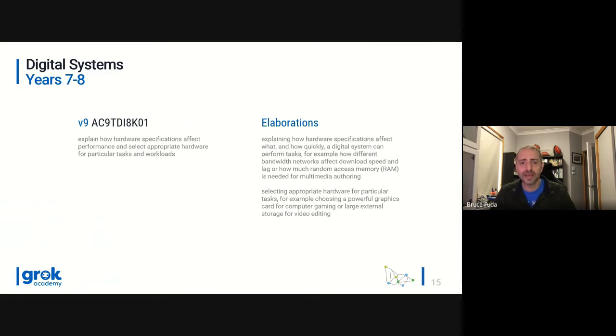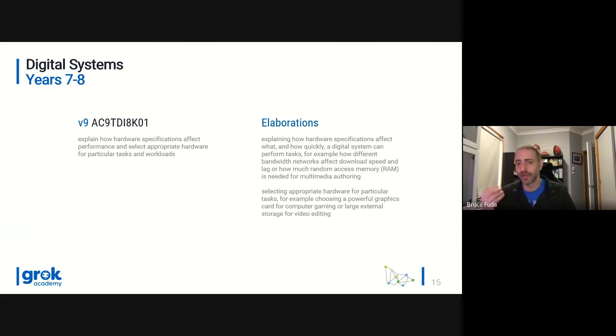You can see here some good examples of the types of things we expect students to understand around specification and performance: the idea that RAM is necessary for authoring on a device, but bandwidth affects download speed. So the idea here is that students are developing enough fluency and literacy in the broader general sense of what computing is, so that they can make smart decisions about the devices they're using for different tasks.